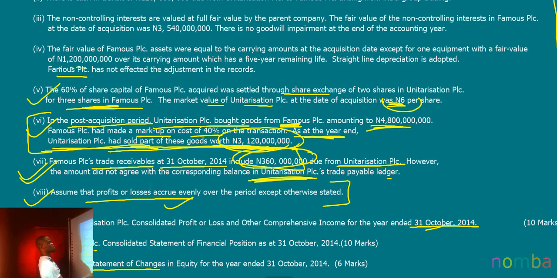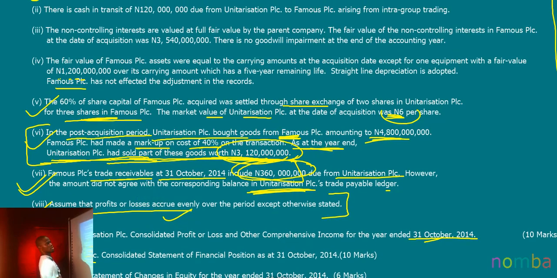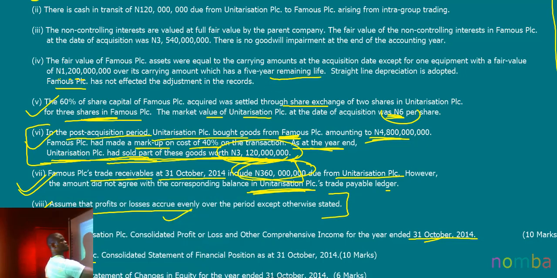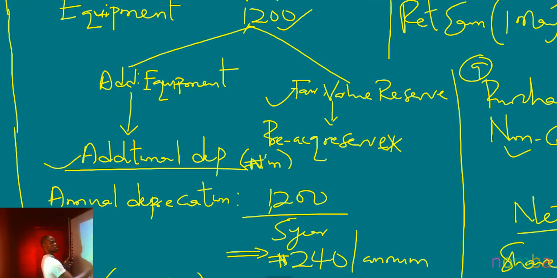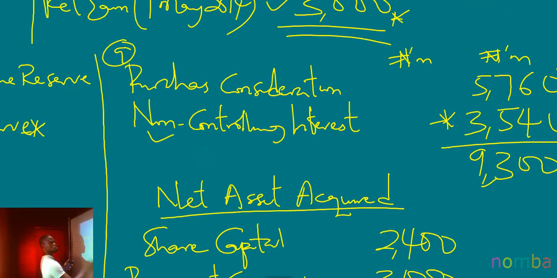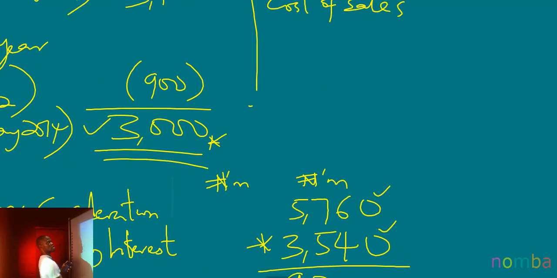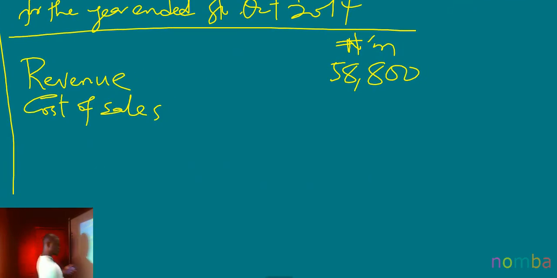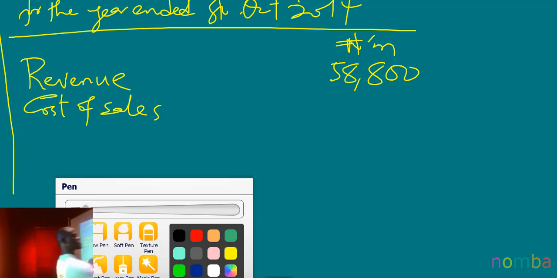No, it was workings 4. In that workings 4, they didn't specify where we should treat the depreciation. They just told us the depreciation method. So let's go on. We won't touch the depreciation now. We are going to add the depreciation to administrative expenses. So the cost of sales, as we have determined, will be 43,080.